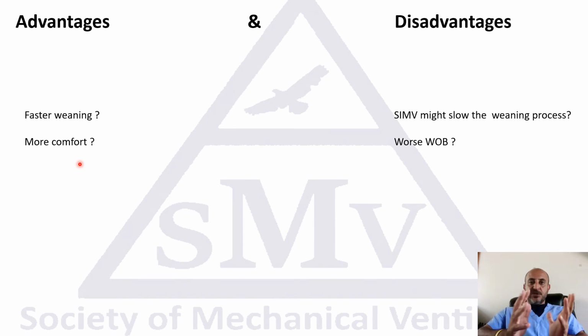Possibly, switching between pressure support and mandatory breath might be more comfortable for the patient. But at the same time, there's also a question of whether this switch, like in SIMV, might worsen the work of breathing. So to be totally fair to that mode, I don't know. We don't have any clear evidence that it's better or worse than other modes.